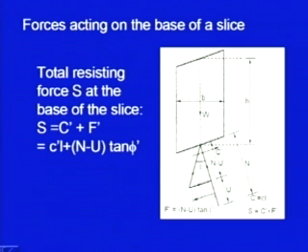Graphically you can get this ordinate, and also this is the cohesive component C dash into l. So, C dash into l plus this will be the total shear resisting force S at the base of the slice. This you can do for each of the slices, and this component can be obtained.